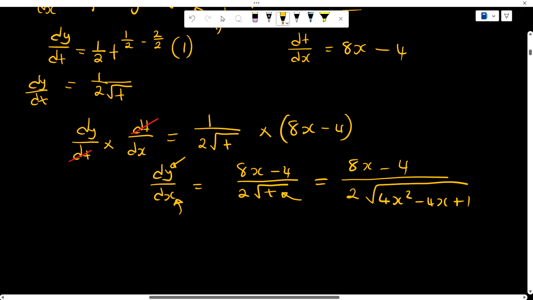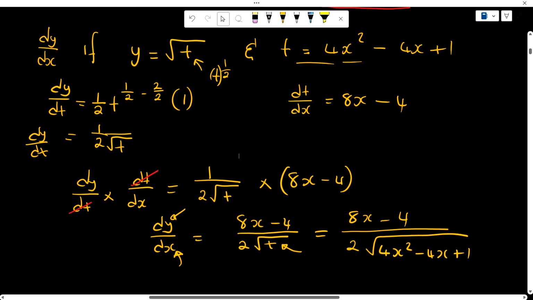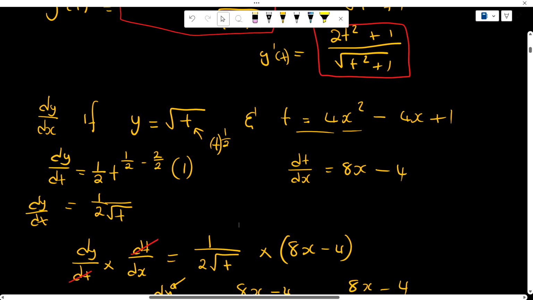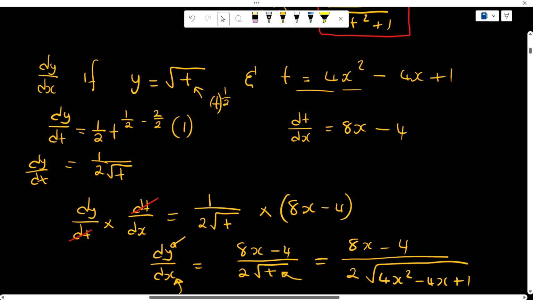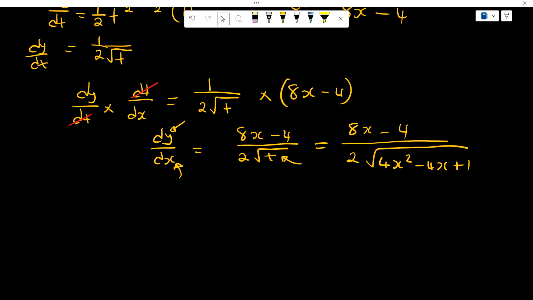So that is our derivative, right? You can see how easy this thing is compared to using the first principle, right? You'll have multiple steps and you'll make multiple mistakes as well, right?